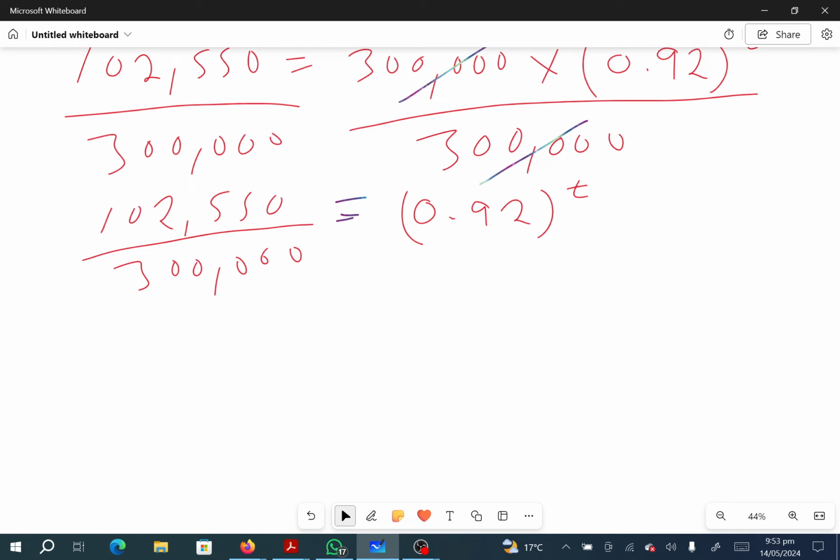So at this point we can now introduce the logs.